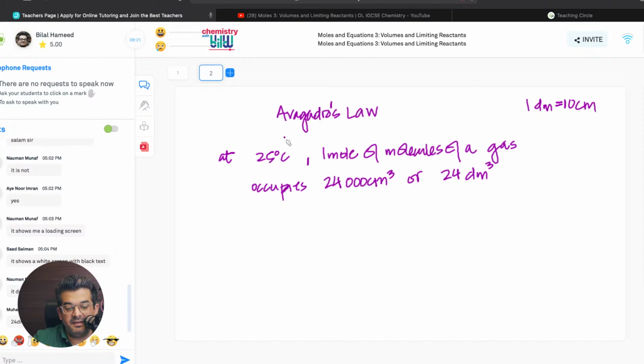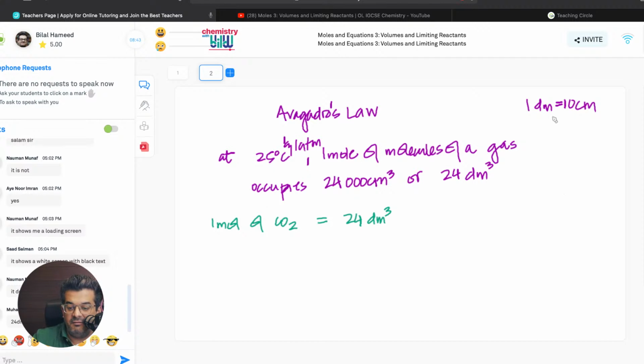And the funny thing is, it doesn't change from gas to gas. It is the same for all gases. Meaning, if I have 1 mole of CO2, its volume is 24 dm³.